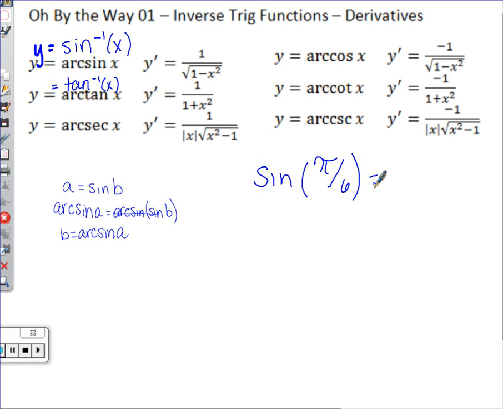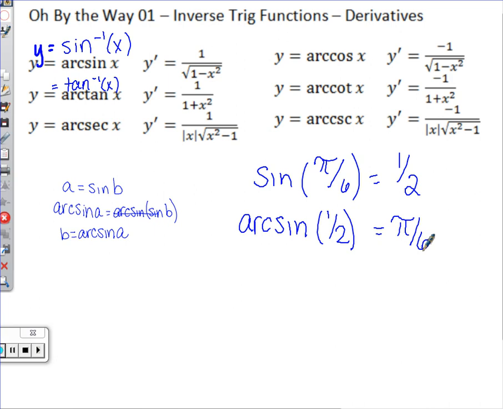Yeah, excellent. So the sine of pi over 6 was 1/2, right? So then a would be 1/2, pi over 6 would be b. So I've written it backwards here, but the idea. So then we take that now backwards. We would say that the arcsine of 1/2 is pi over 6.